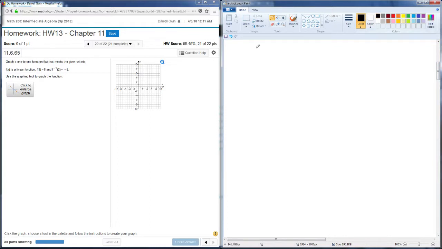Number 22. Graph a one-to-one function that meets the given criteria. F of x is a linear function such that f of 3 equals 8, which is the point 3, 8.